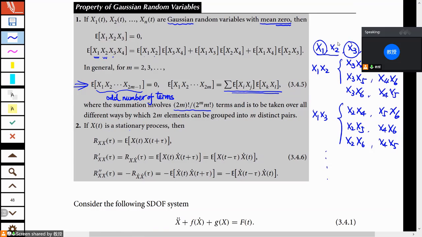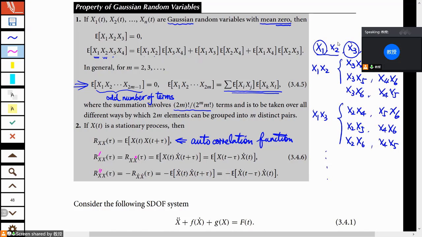Now, if x is a stationary process, then this is the definition of the autocorrelation function. And the derivative of the autocorrelation function is the correlation function between x and x dot.